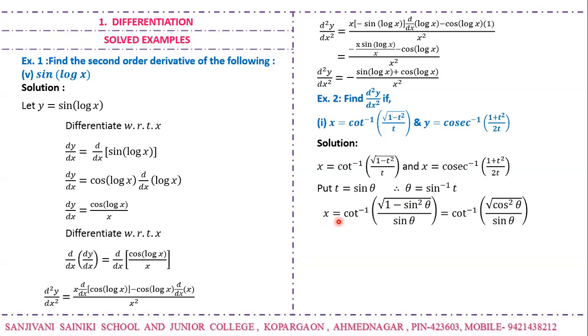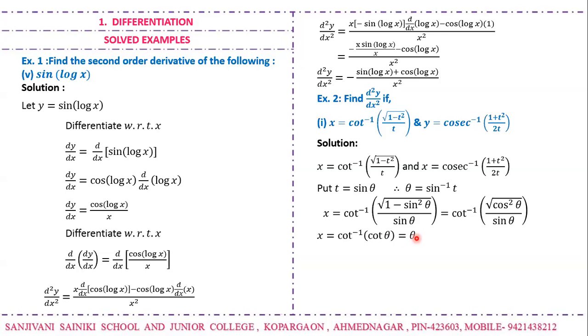So what you get? x is equal to cot inverse of square root of 1 minus sine square theta upon sine theta, is equal to cot inverse of root cos square theta, since 1 minus sine square theta is cos square theta, but root cos square theta is simply cos theta. Cos theta upon sine theta is cot theta.